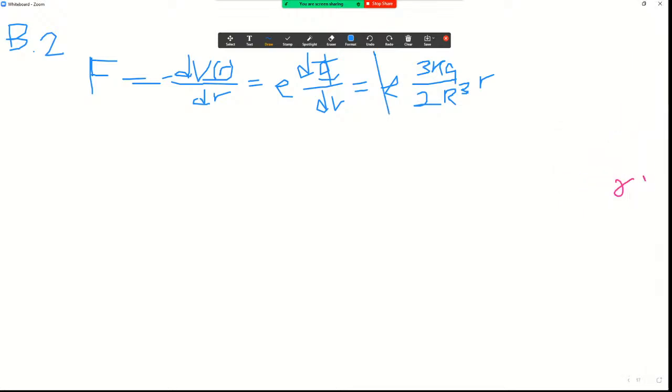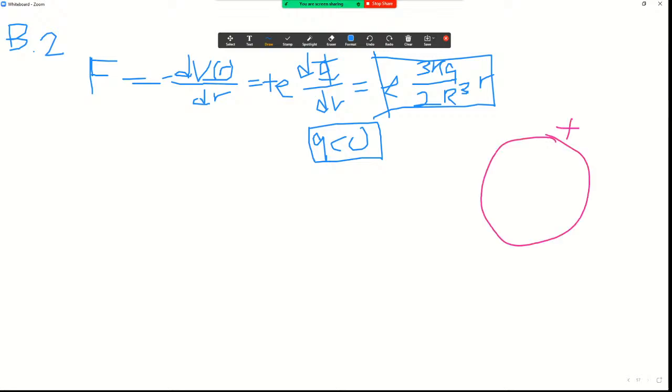Okay, so then that's the force. And then for the force to be restoring, Q must be less than 0. No, greater than 0, as E is also negative. Yeah, but here it's negative dV over dr, and E is negative, so then it becomes positive. But if we see just physically, if there is a positive charge, then it would attract the negative.